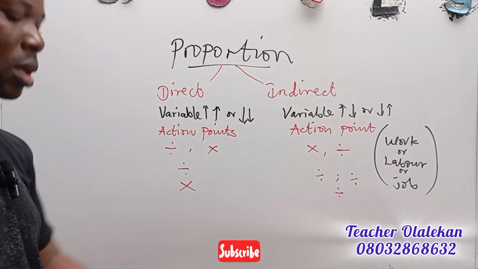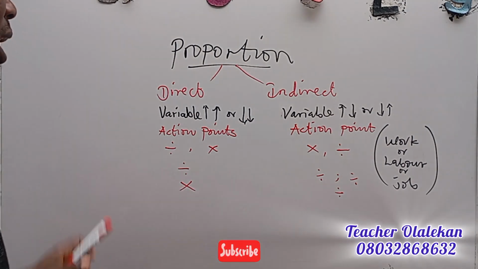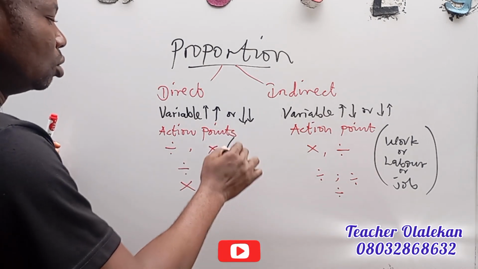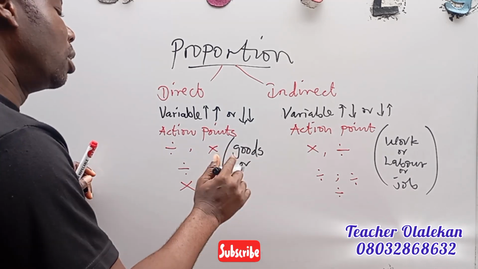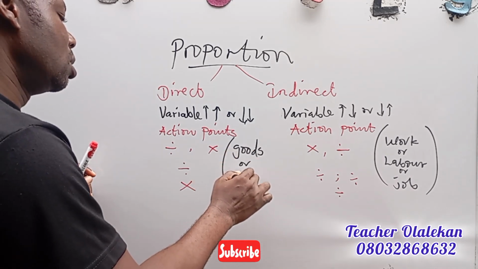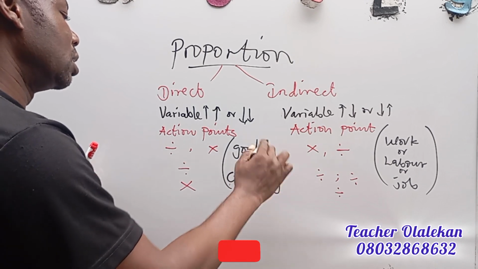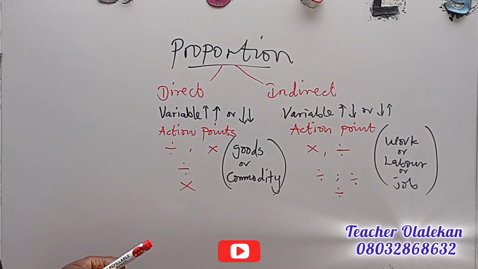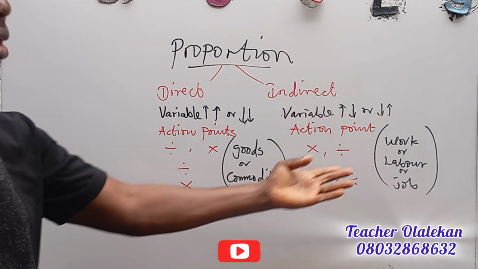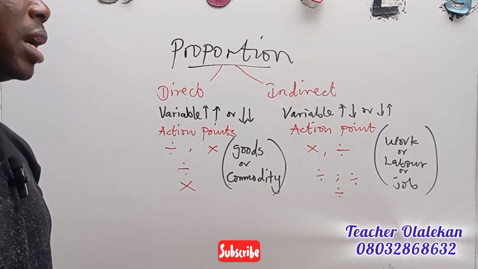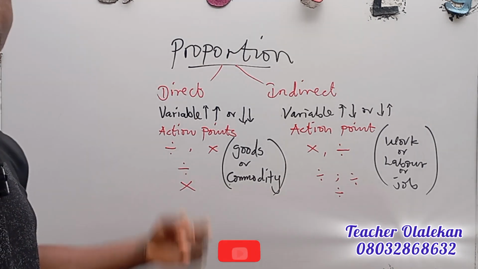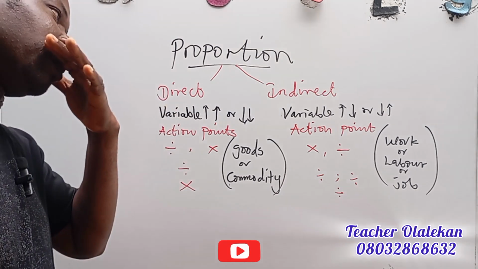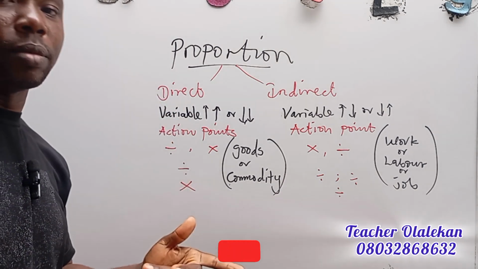That's indirect proportion. But direct proportion is based on goods, it mostly talks about goods or commodities, not services. When it comes to services, then that is indirect proportion. I'm going to solve some questions on direct proportion and some on indirect proportion.